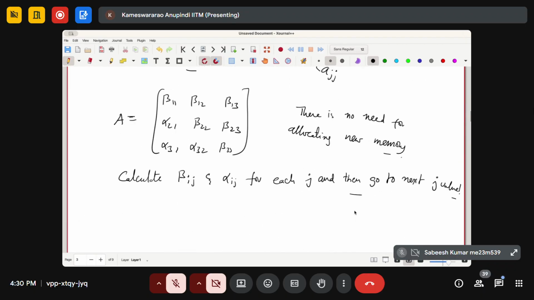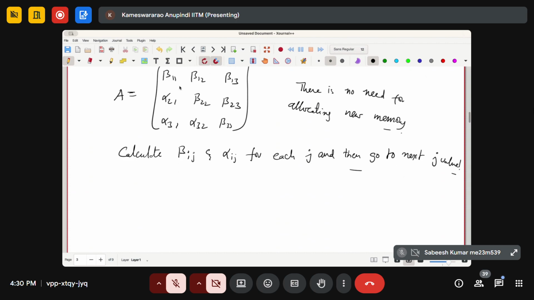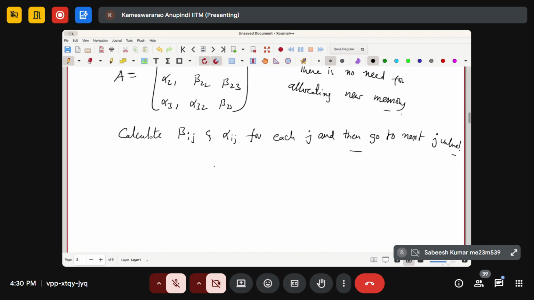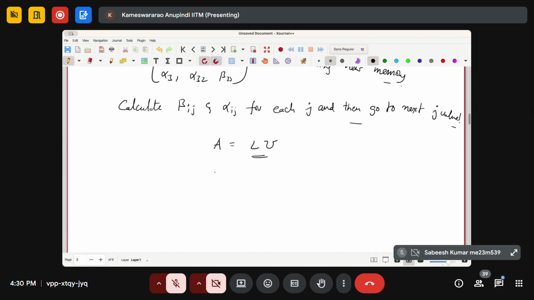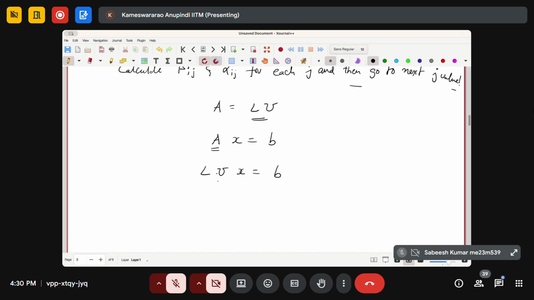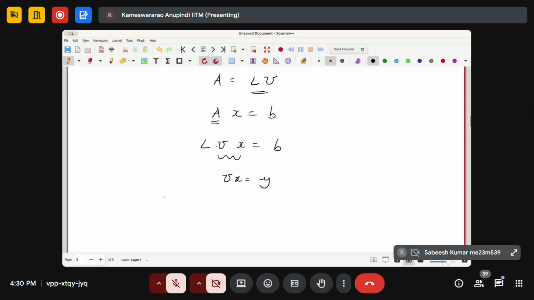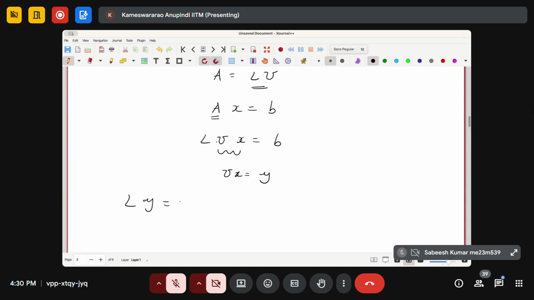I have the A matrix that is written like this, which is also the same as A equals LU, right? So we have this decomposition. Then as we discussed yesterday, if we want to solve AX equal to B, we replace this A with LU times X equals B. We call this U times X some other vector Y. Then I write Ly equals B as the first problem.